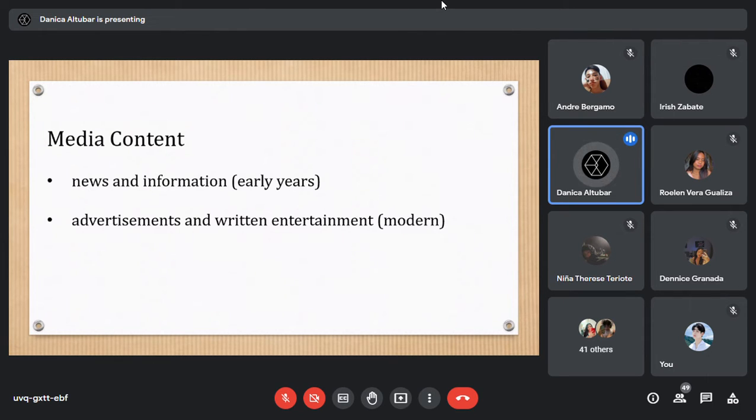When technology and media developed, its scope came to include advertisements and written entertainment. So when you look at a magazine, there are advertisements of a certain handbag, of a certain perfume, or of another certain thing. Okay? Because that is the usual content of print media.